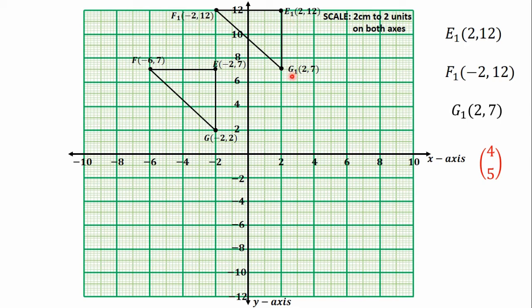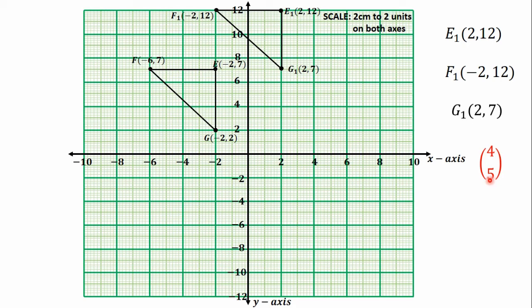Now look at something very interesting here. The translation vector we used is 4, 5. It means that if you want to translate a point, we move 4 units in the positive direction along the x-axis. We have seen that on the x-axis, the positive direction is towards the right. The y component of the translation vector is 5.